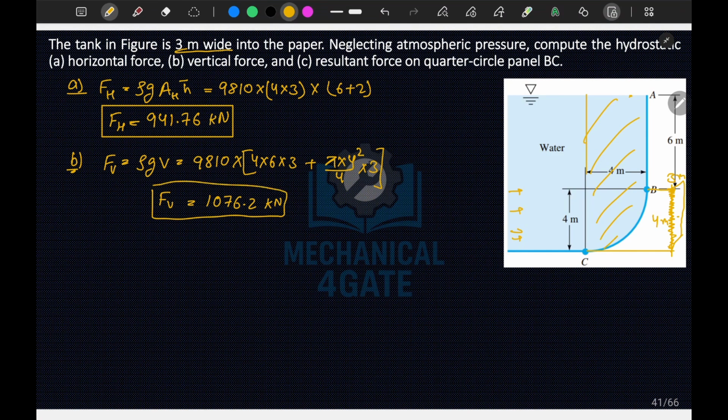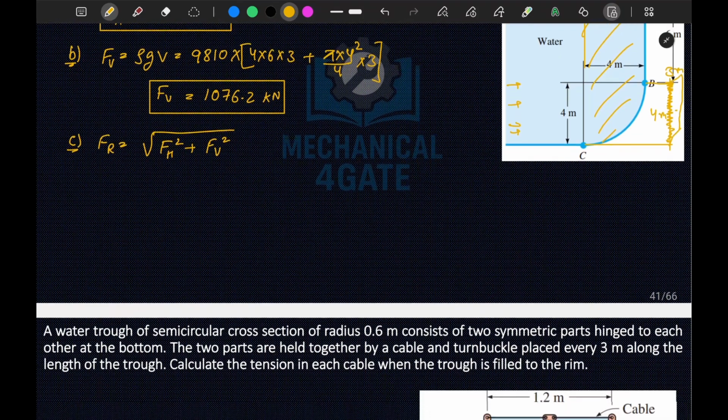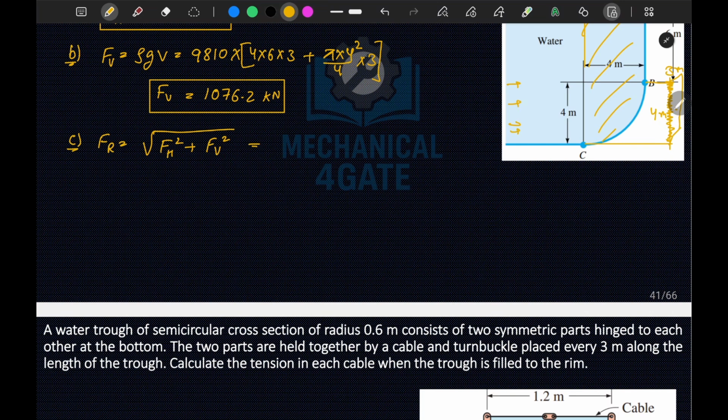Now in the third part, C part, it is mentioned to calculate the resultant force on the quarter circle panel BC. So the resultant force Fr is given as the square root of Fh square plus Fv square. Let's calculate these values: 941.76 square plus Fv square, and then the square root.